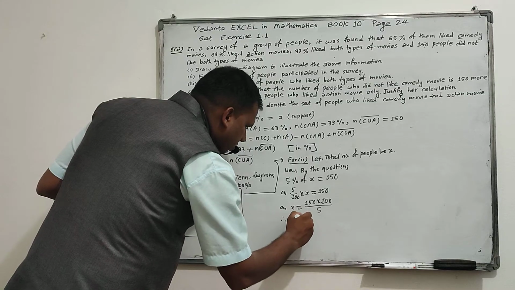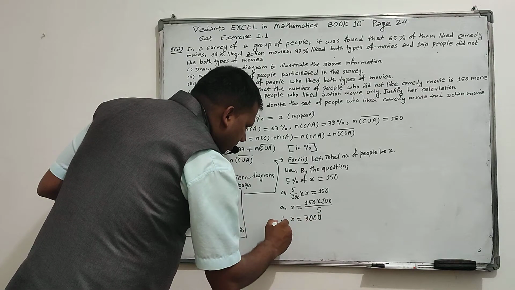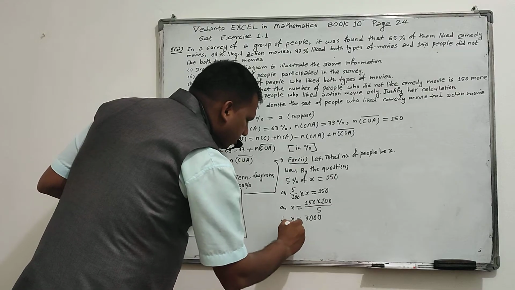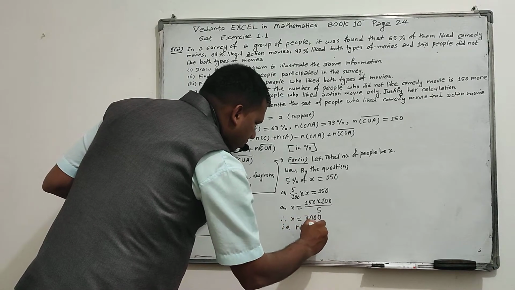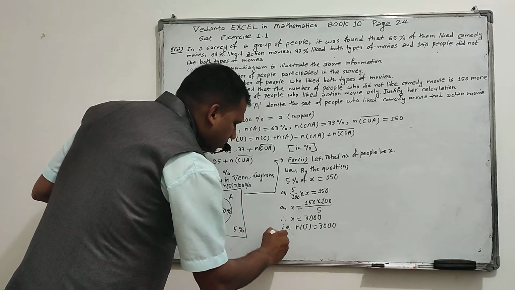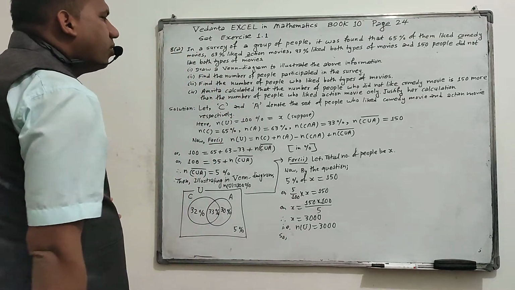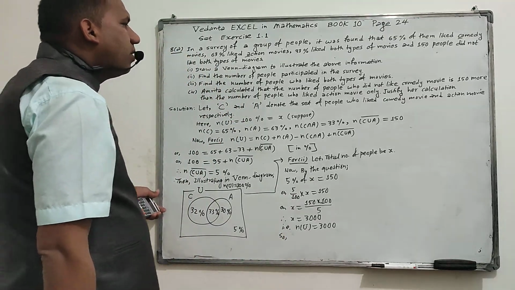Therefore, X equals 3000, that is n(U) equals 3000.